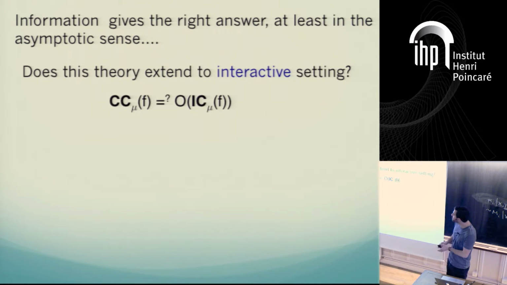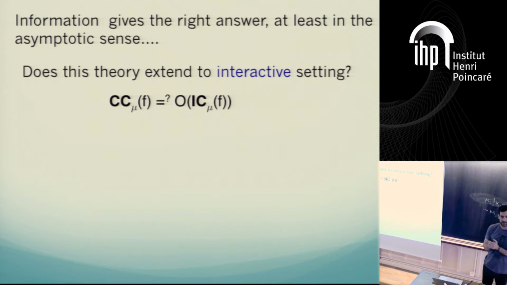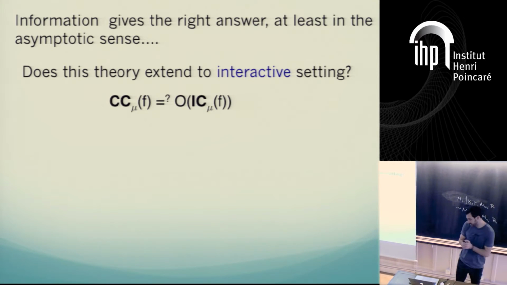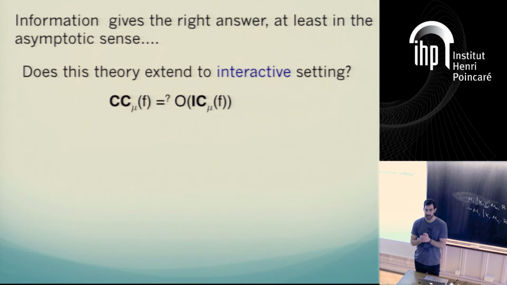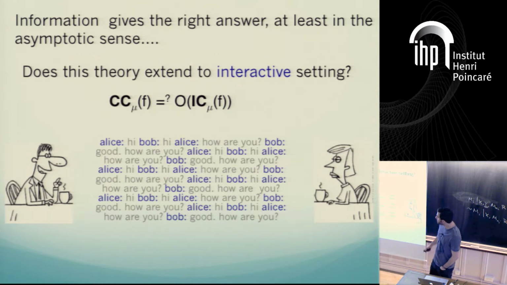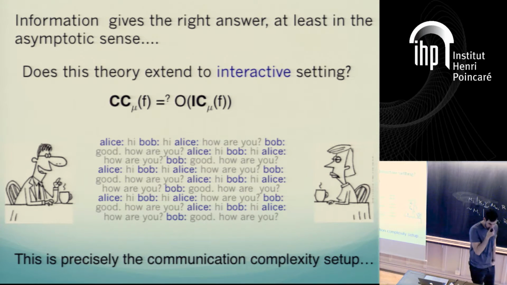But the natural question is, what happens for the interactive setup, right? Everything we saw in the last slide was just for a one-round or one-way transmission setup. The question is, what happens when the conversation is interactive, when there are lots of rounds of interaction? And this is precisely the question of interactive compression, right?